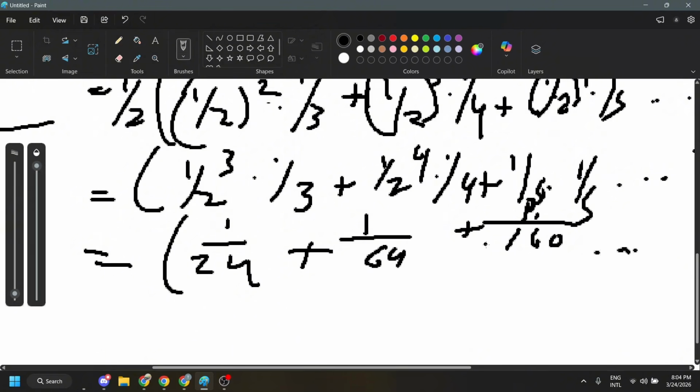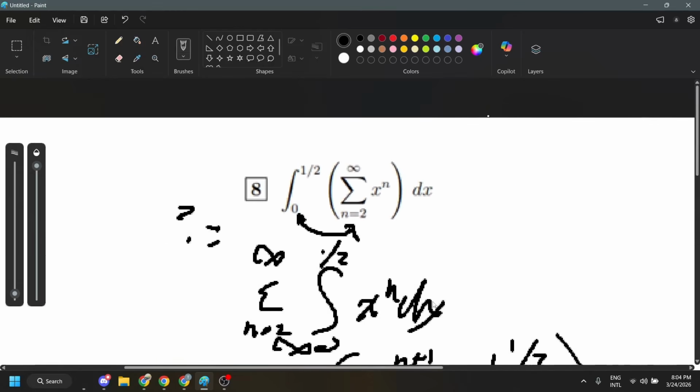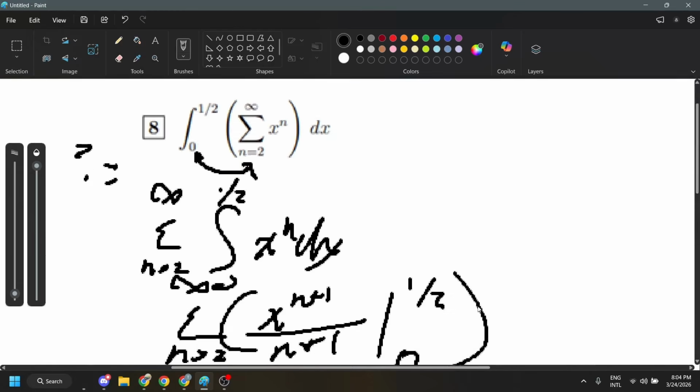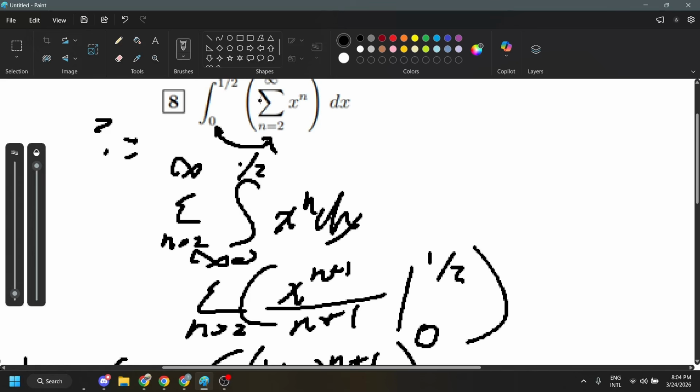Dot dot dot. So very, very small. But I have a feeling this seems simpler than that. I feel like I did something wrong. I swapped the integral and the sum.